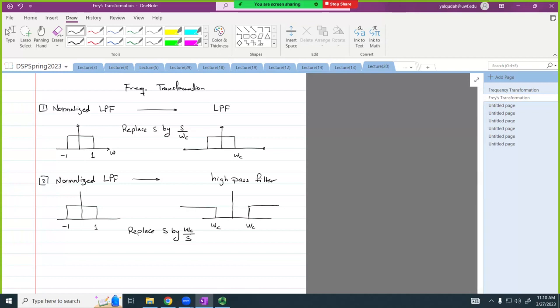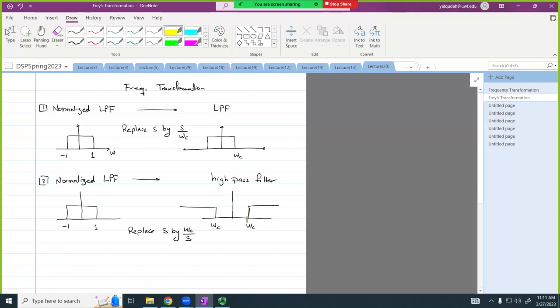Again, when omega is less than omega C, which is this region here, then omega C over S is going to become greater than 1, which is going to correspond to this region here. Does it make sense?